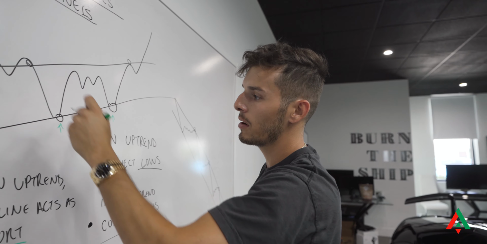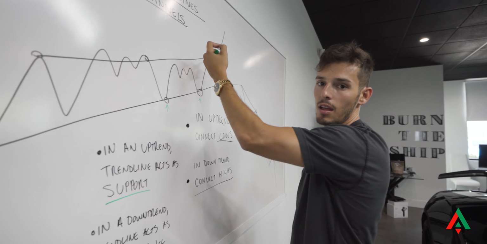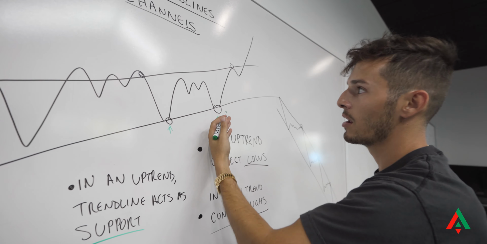When price comes down, the trend line is supporting price and it lifts off. See here, it comes down and it lifts off.